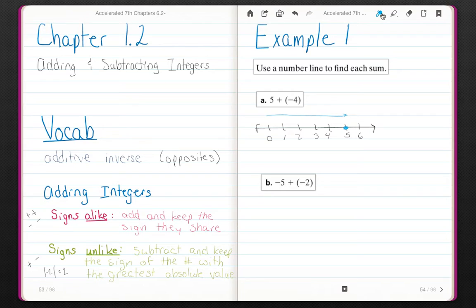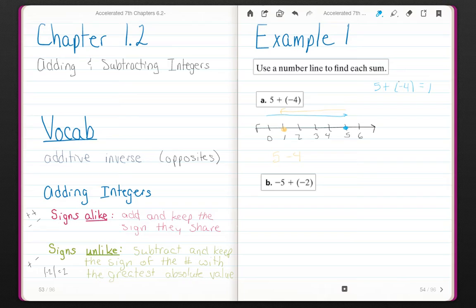Well, when I have a negative, that's going to be moving to the left. So I'm going to move to the left now 4 spaces. So my answer will be 1. 5 plus -4 is the same as saying 5 minus 4, only we don't subtract anymore. So 5 plus -4 equals 1.